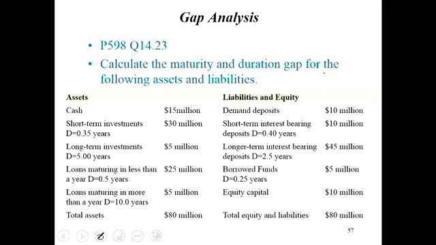Going to long-term ones, duration of 2.5 years times, and we got 45 million of those, and that comes to 112.5. Going down, borrowed funds, 0.25 times 5 million. That's 1.25 there.